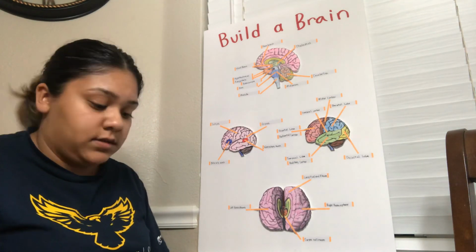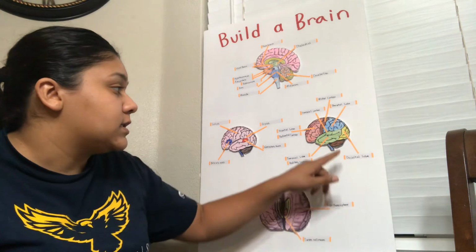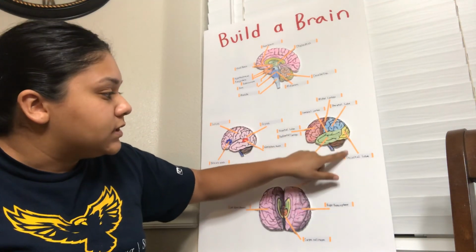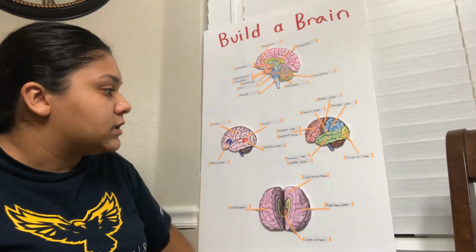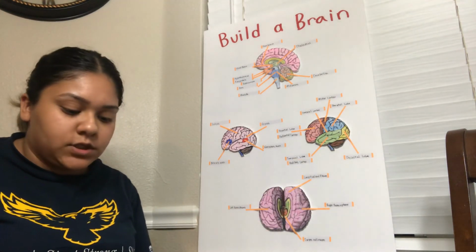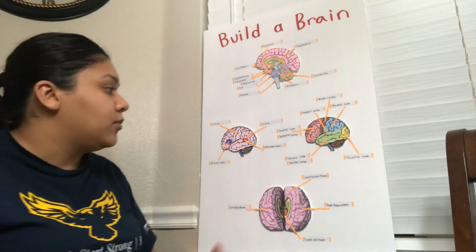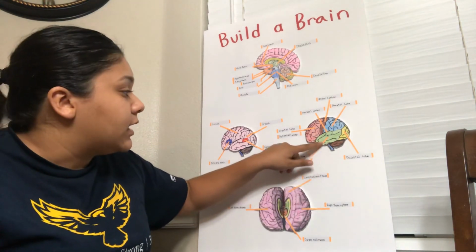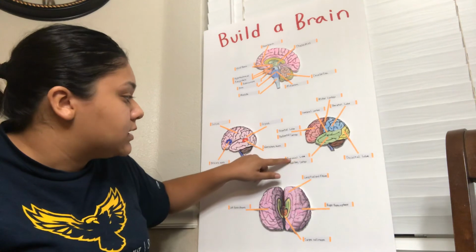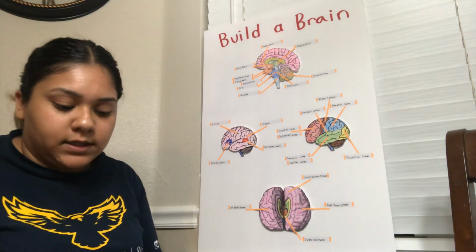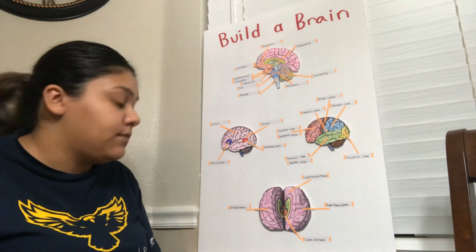That one was this blue part. The next one is the occipital lobe, and its function is primarily just vision. The next one is the temporal lobe, and that is this green part. The temporal lobe's function is important in language, hearing, and memory.